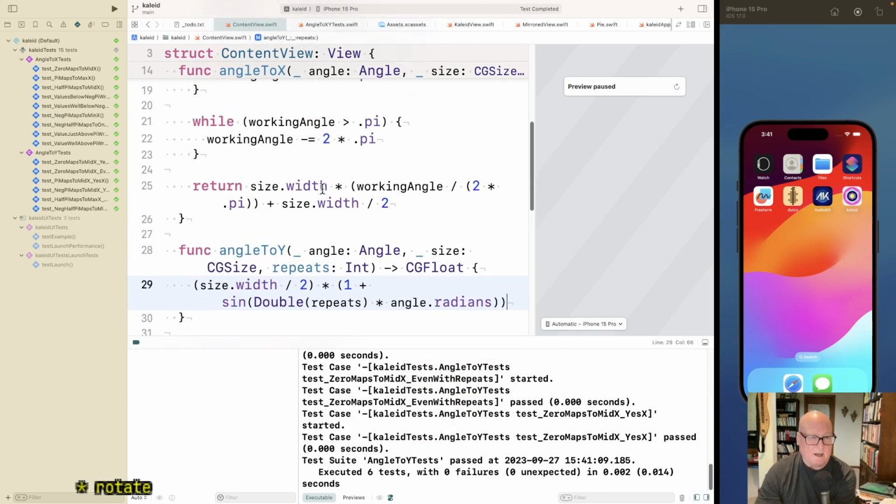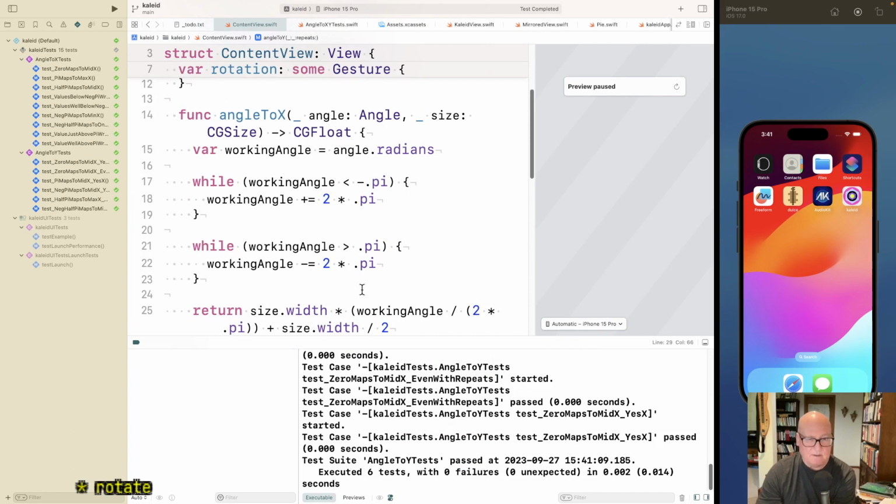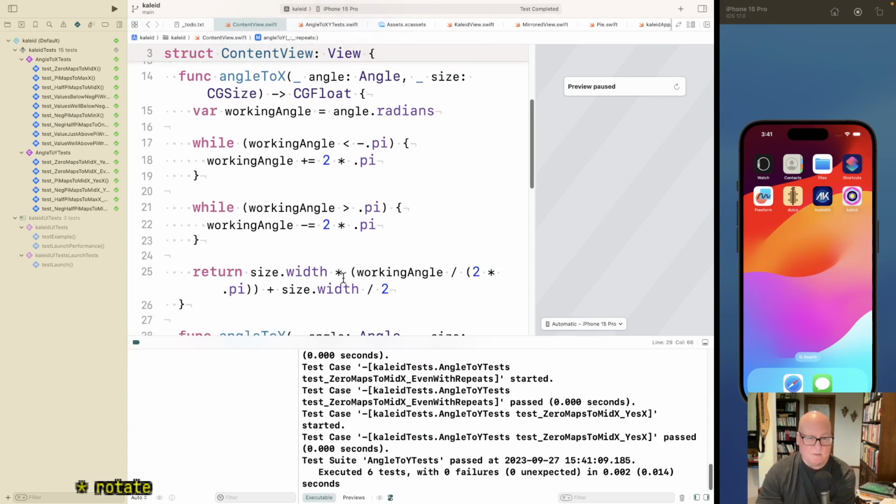Okay. Now this one is also 1 plus that. All right, so that's size dot width over 2 times 2 times working angle divided by 2.